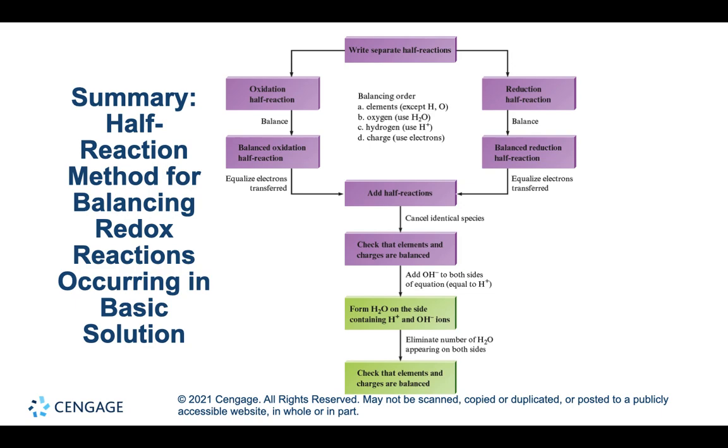So that's a lot of steps, but they're outlined on here, and we went through a couple examples in the notes, and you can practice those. Also, there probably are some in the homework that you can practice.